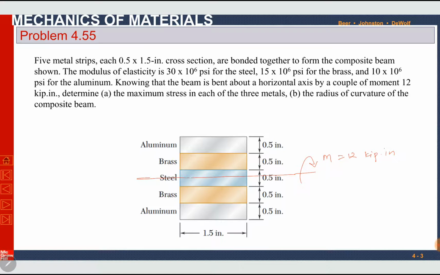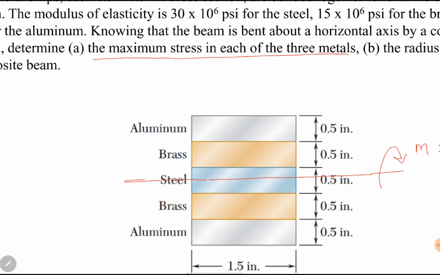Determine in part A the maximum stress in each of the three materials. Maximum stress means stress at the outer surface of each of the three materials. So for steel, this is the outer surface, for brass, this one, for aluminum, this one.